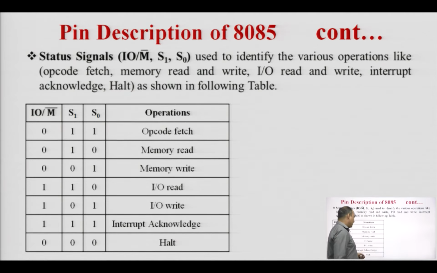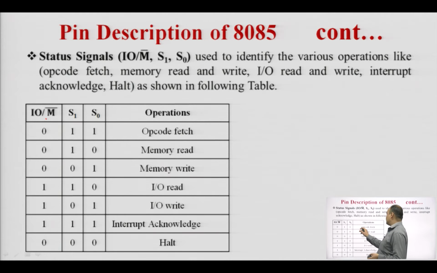With the help of this table we can easily understand how the status signals give information about the operation performed by the microprocessor. So, let us see the status of these signals. Here, the input output or memory pin is used for dual purpose. For memory related operations, the status on this pin is logic 0, and for input output related operations, the status on this pin is logic 1.